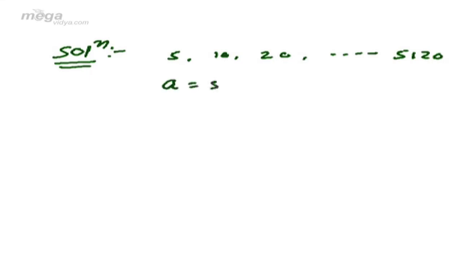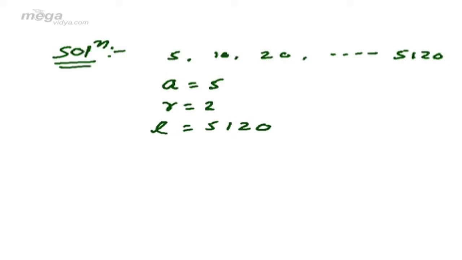Solution: the sequence is 5, 10, 20, up to the last term 5120. In this sequence A is 5, R is 2 and the last term is 5120. We have to find the number of terms, because the question asks which term of this sequence will be 5120. It means we have to find n.